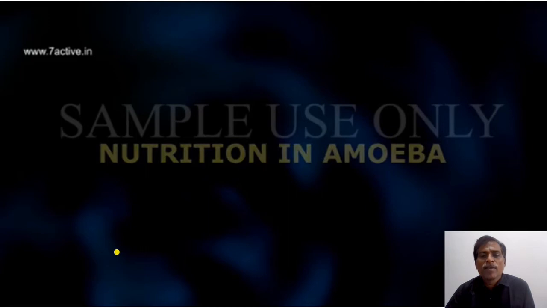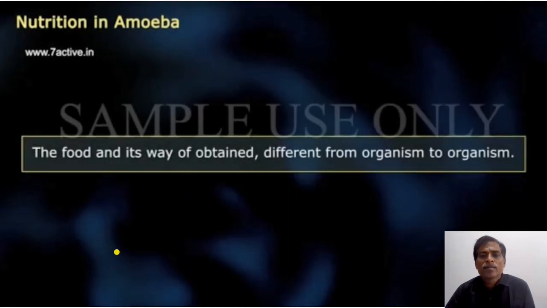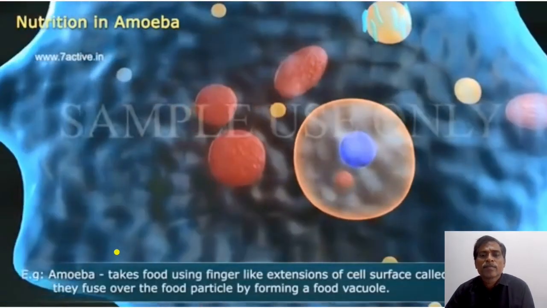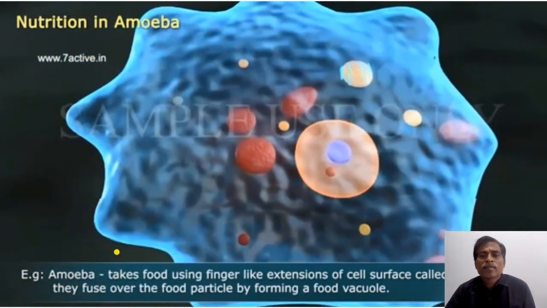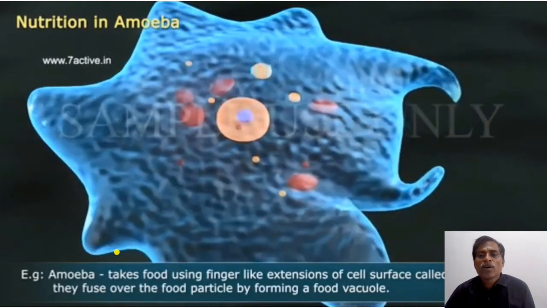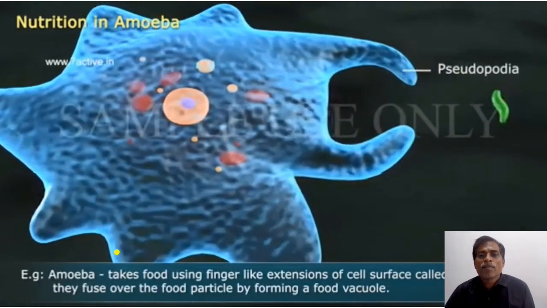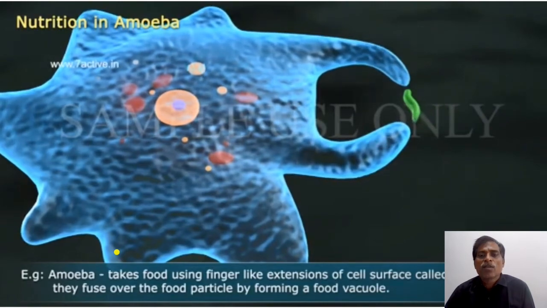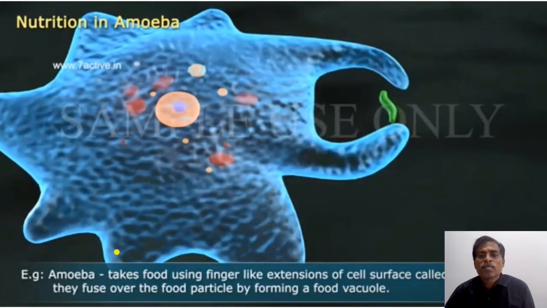You observe another video of how the amoeba gets food and digests it within the food vacuole. A pseudopodium is formed from the amoeba and they fuse around the food substances.